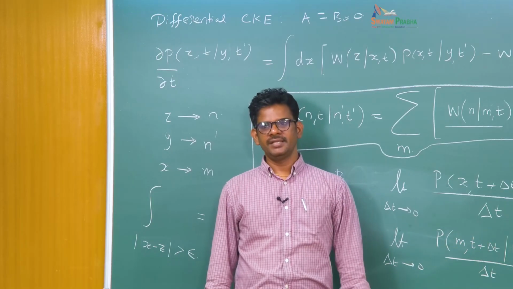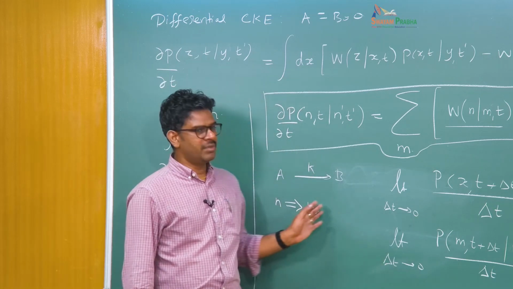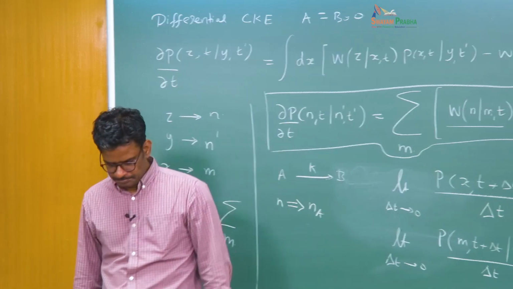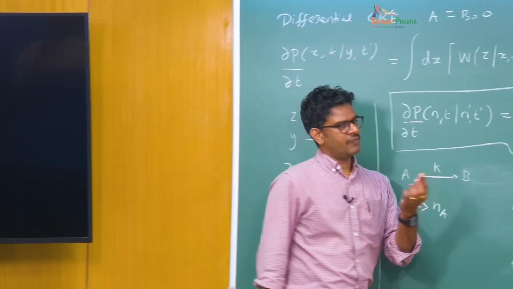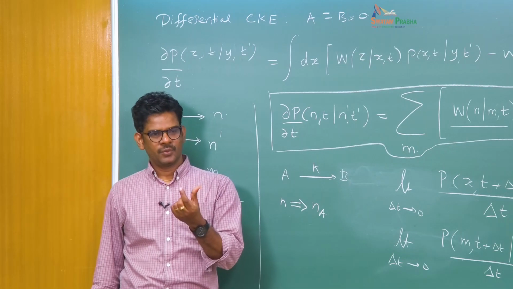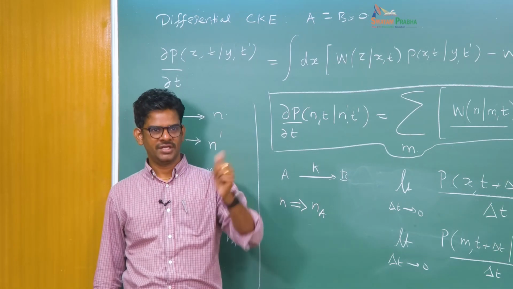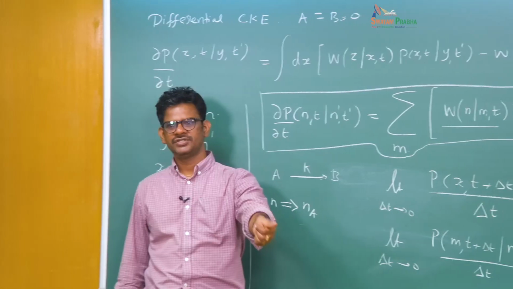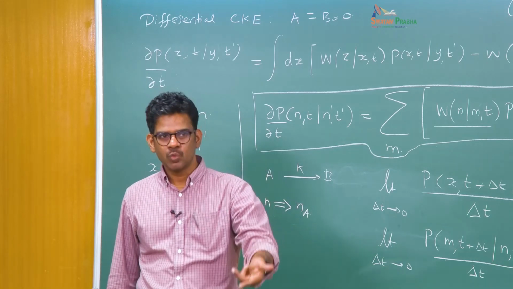The second thing is the jump, or the discrete nature of the process. Here the number of molecules is taken as an integer variable to describe the reaction. We can also say that over a time period delta t where the reaction happens, only one molecule can make a jump, decreasing the count by one. Only one molecule actually jumps from A to B, so n becomes n minus 1.